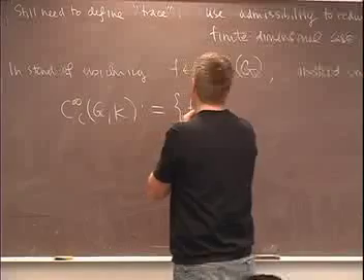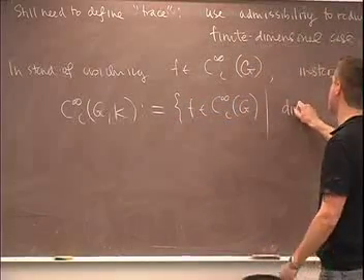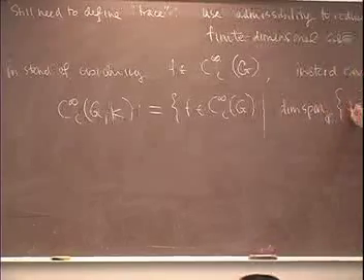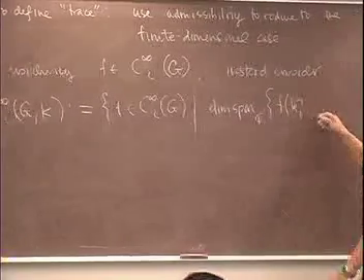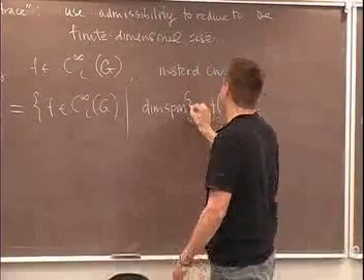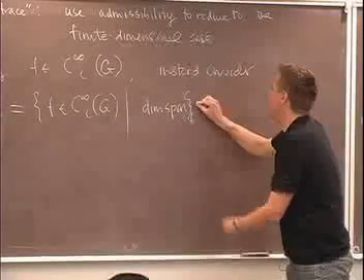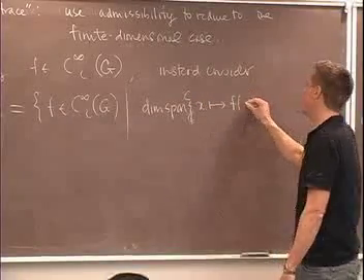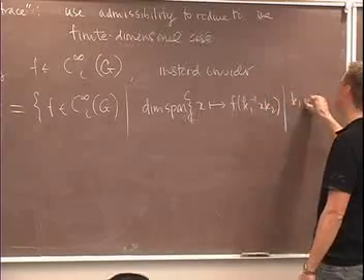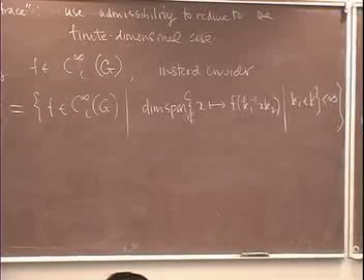So we should take F compactly supported on G, such that the dimension of the span of the functions that I get by transforming F by the left and right action of K is a finite dimensional space.